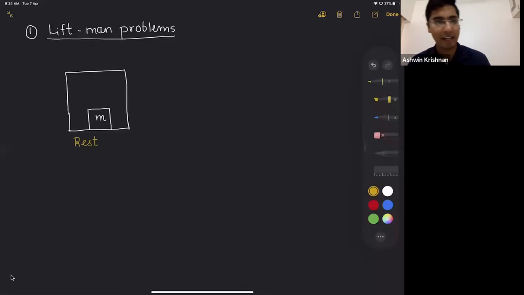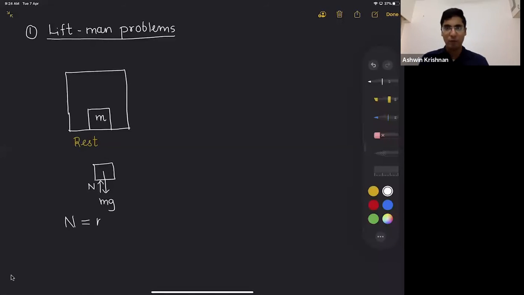What are the forces acting? If you draw the free body diagram, when the lift is at rest, the forces acting on the mass are mg and normal force, correct? So we can simply say when it is at rest, N equals mg. If you put a weighing scale on your top, the weighing scale measures the normal reaction.